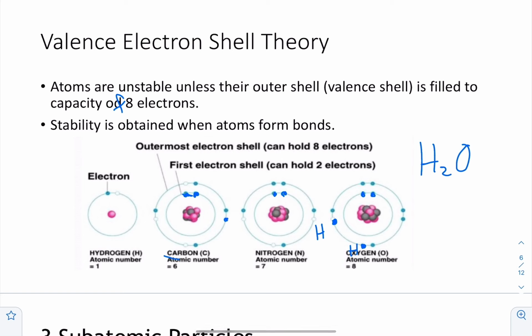And here you see carbon has a total of 6 electrons, 2 in the first, so the 4 are here. 1, 2, 3, 4, and then it has to form bonds with another atom, say hydrogen. It can form 4 bonds because it only has 4 in that outer shell. It needs 4 more, so it forms 4 more, and now it has its 8 in its valence shell, and now it's satisfied and stable.